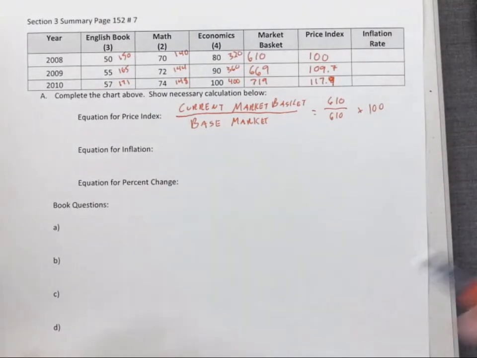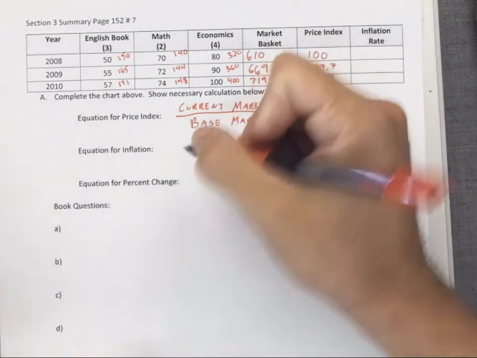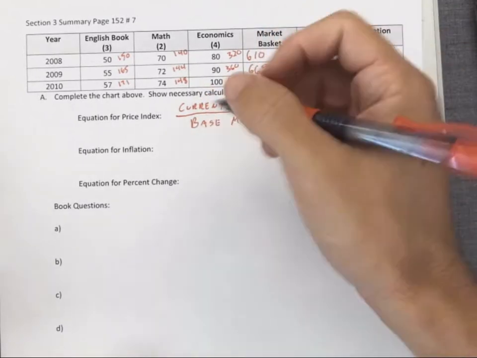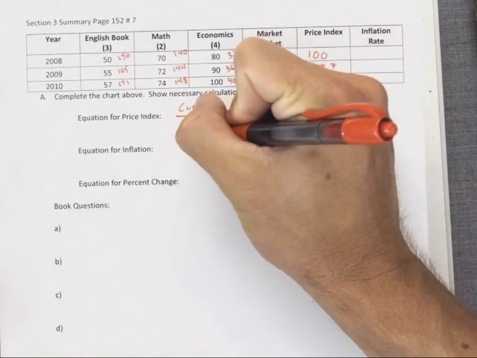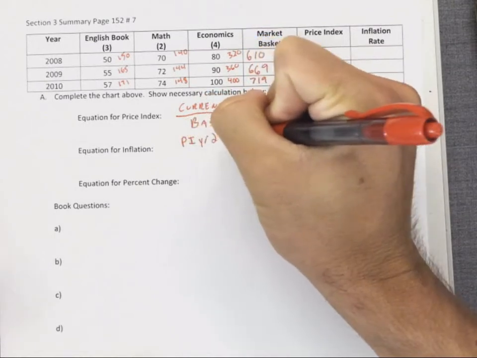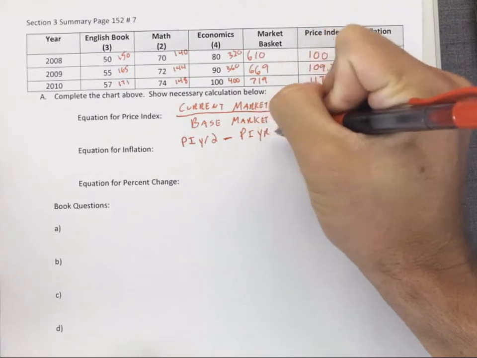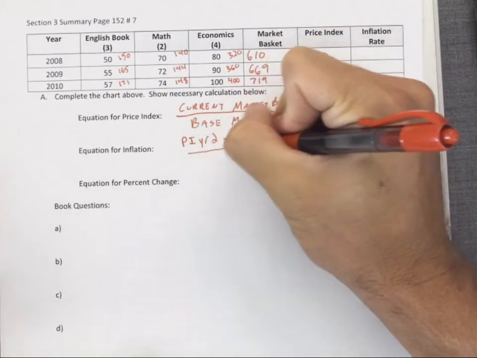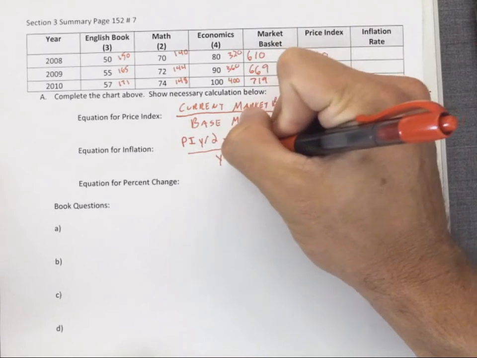Now to calculate inflation, remember, inflation is simply a change. It is a percent change equation, but it is a specific percent change equation. But even as a percent change equation, we're going to take year 2, so price index year 2, subtracting price index year 1, over the year 1, because remember, you're just comparing 2 years.